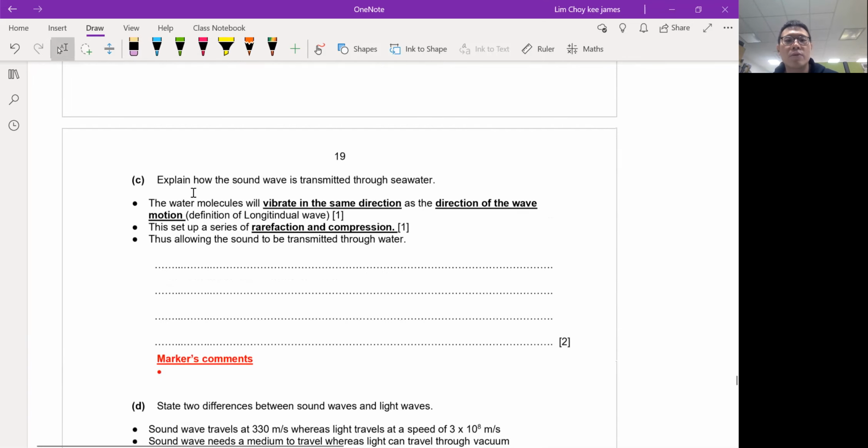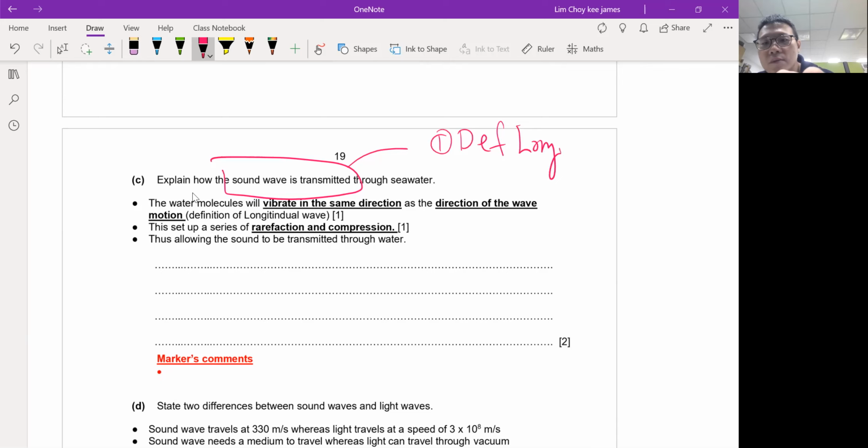Explain how sound wave is transmitted. I would say this type of question is quite common, and it always has two answers that we give. The answer is always in two parts. First part, the question needs you to define what a longitudinal wave is. Then the second part involves you telling me a series of rarefactions and compressions.